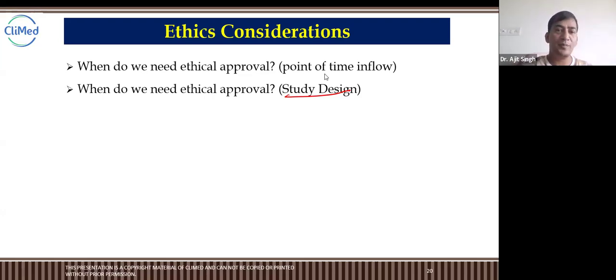What we don't need in the retrospective studies is informed consent, not the ethics committee approval. Isn't it? Am I right or wrong? What we don't need in the retrospective studies is the consent form, but ethics committee approval is required throughout the studies, whether those are prospective or retrospective. Understand?